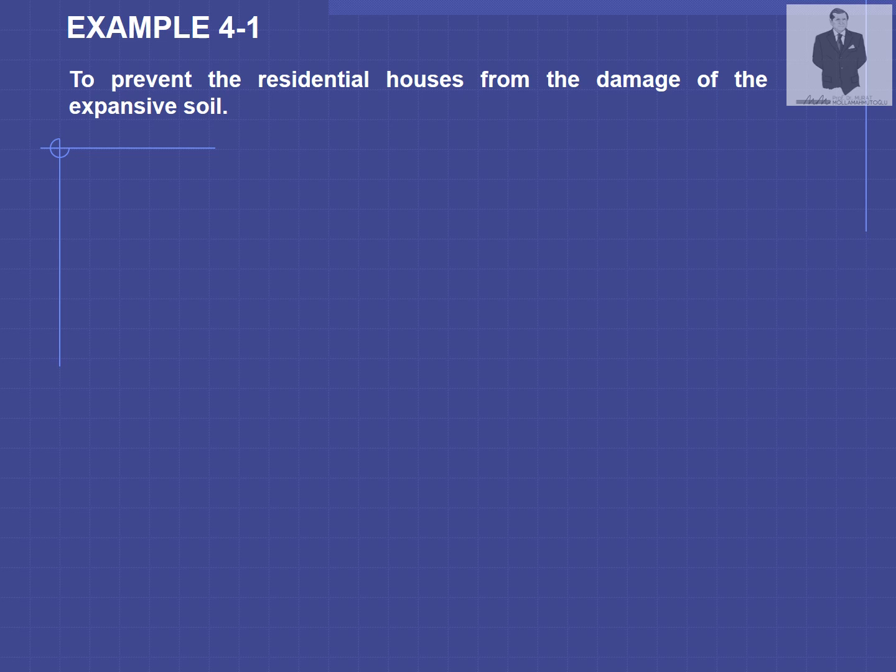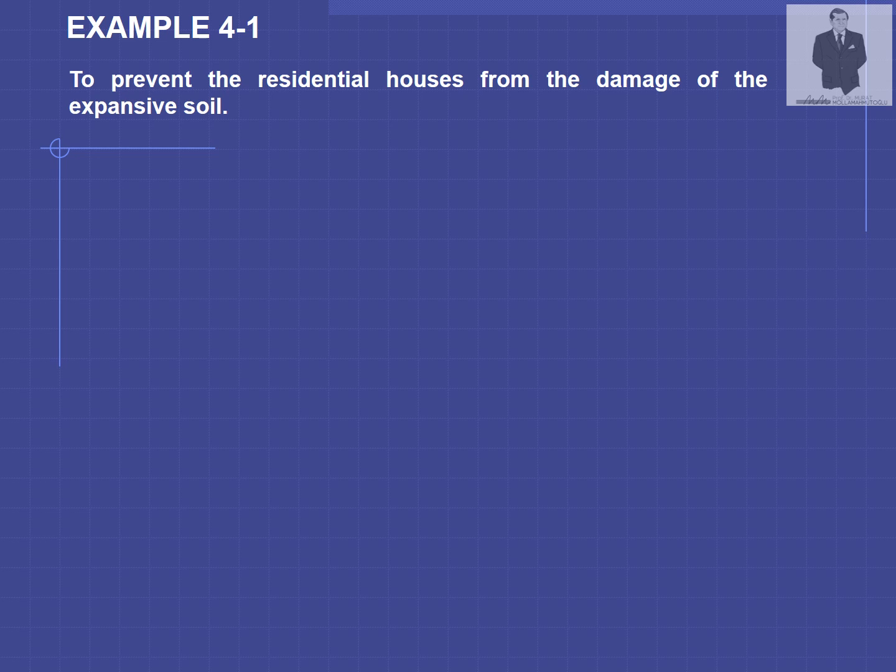But when they lose water, their moisture content decreases. As a result, the volume of the soil decreases. So these phenomena, contraction and expansion, will cause structures to move upwards and downwards and will damage the structures as a result.